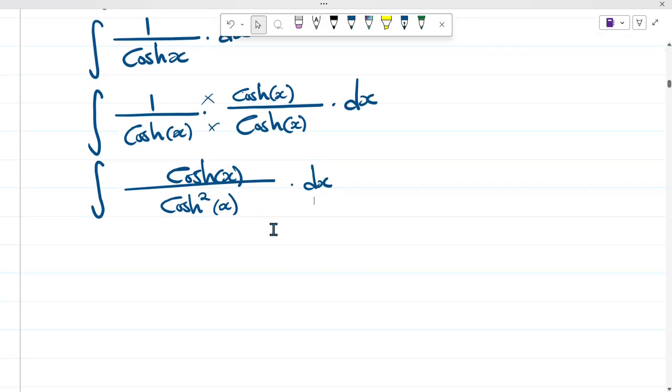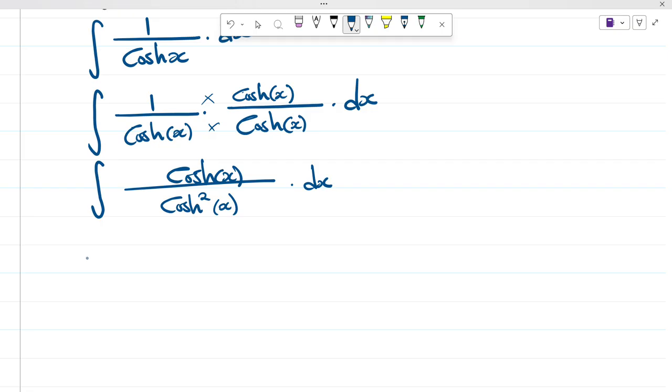You understand? Then from here, you substitute hyperbolic cos of x squared with its equivalent when it comes to square identities. Remember, hyperbolic cos of x squared minus hyperbolic sine of x squared is equivalent to 1.